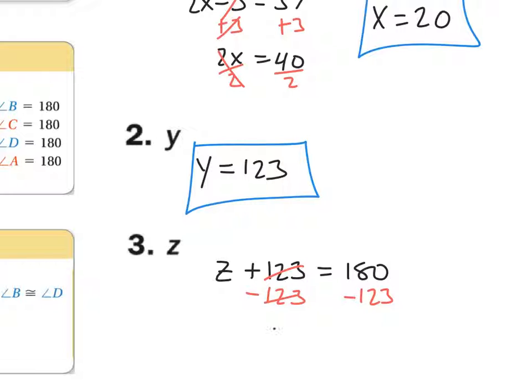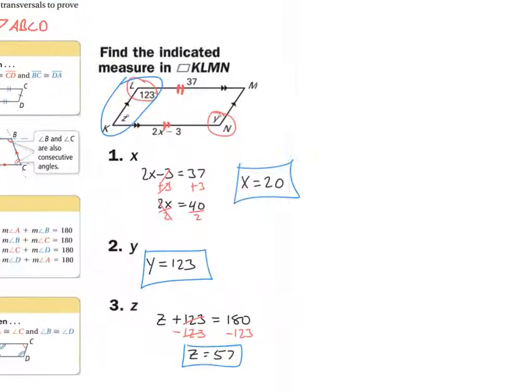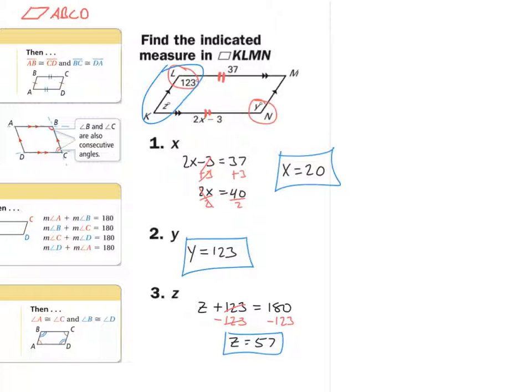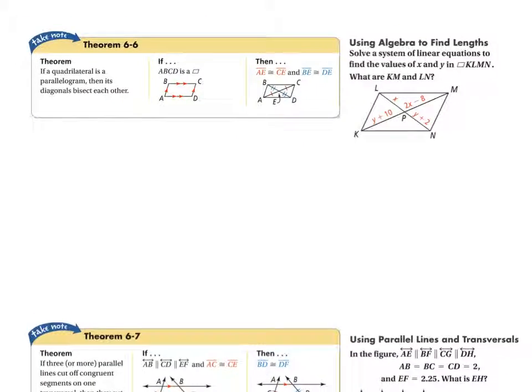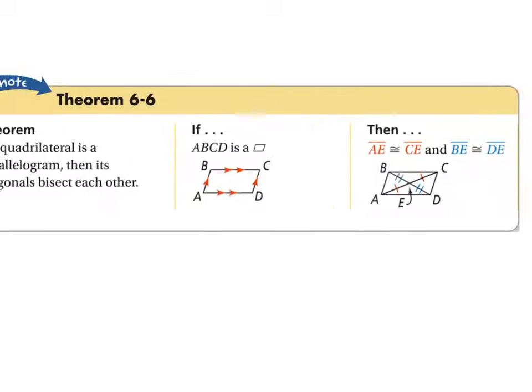What do we get for z? 57. Okay, 57. There we go. Okay. Any questions here? No. All right. So let's head to the next page. On the back page here, we have another property that we want to talk about.